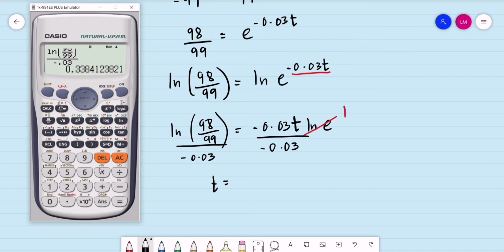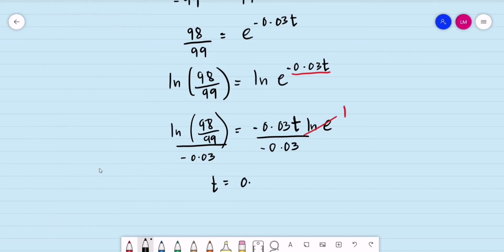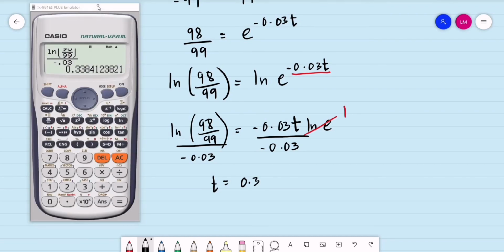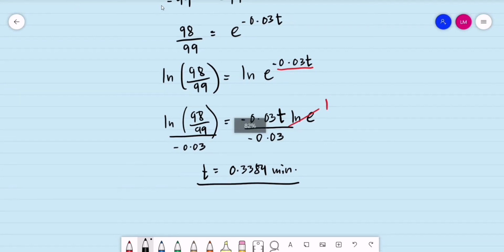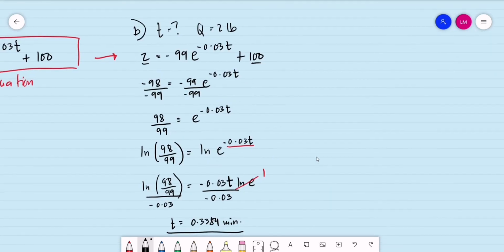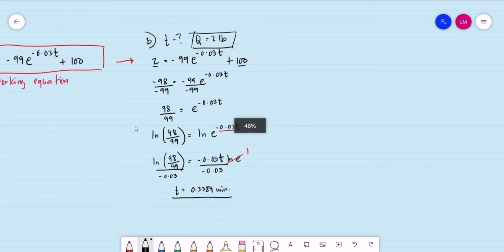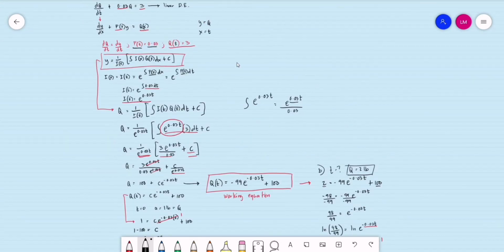That is 0.3384 minute. So this will be our solution. It will take 0.3384 minute for the amount of salt in the tank to be equal to 2 pounds. So this will be our answers for this example.